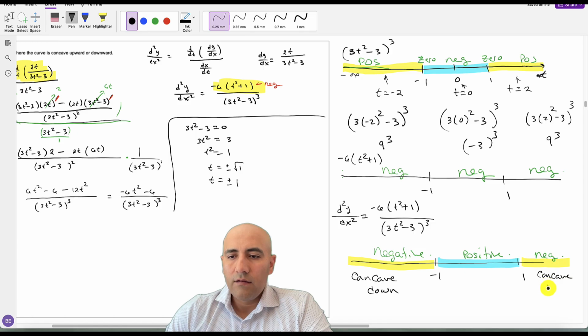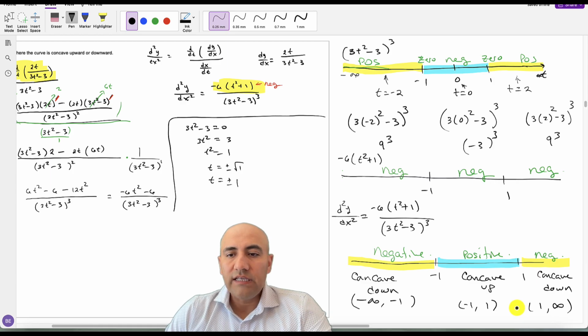Concave down. And then in the middle, we are concave up. Concave up, right? So this zone is from negative infinity to negative 1, concave down, concave up from negative 1 to 1, and concave down from 1 out to infinity.